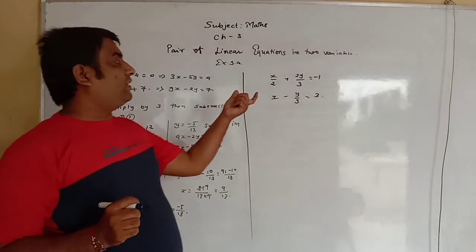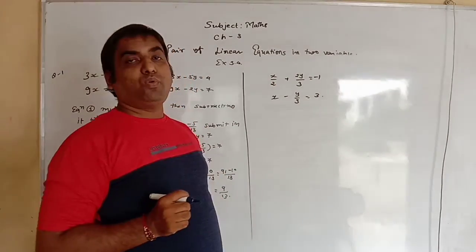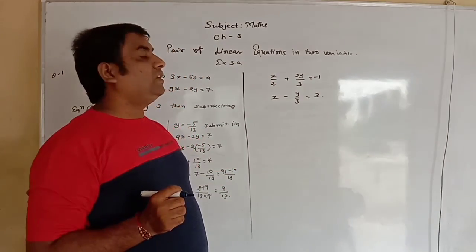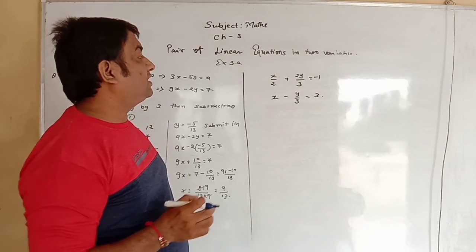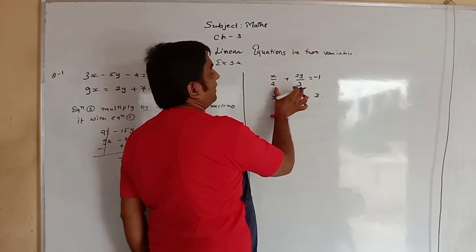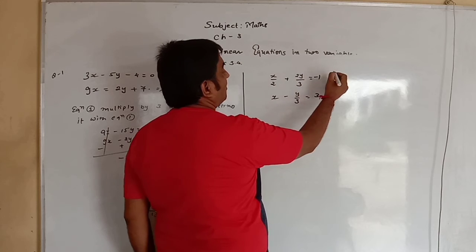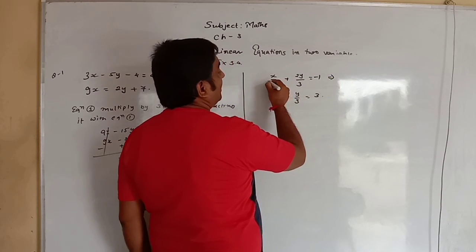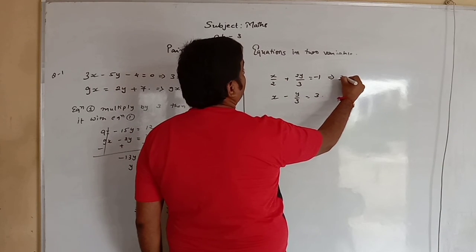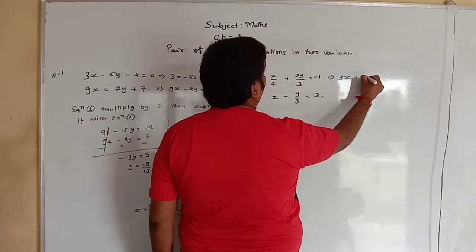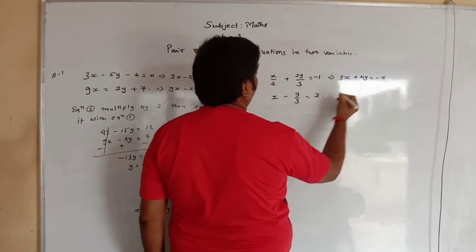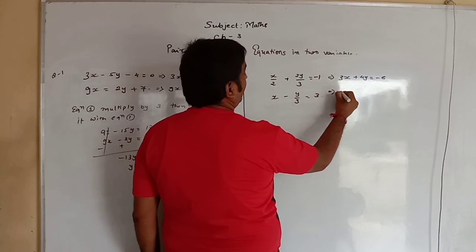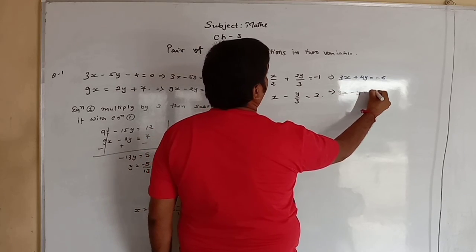Now here we are given two equations in fraction form. So if we convert into integer form, then it will be easy. So both the equations are multiplied by the LCM. So the first equation multiplied by 6, then here 3x plus 4y equals minus 6, and here 3x minus y equals 9.